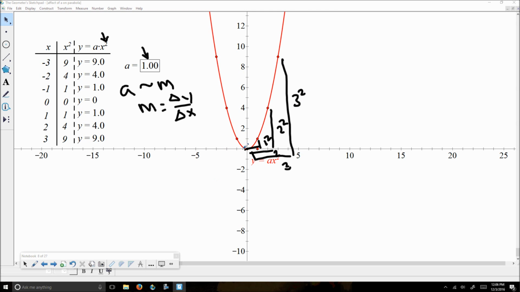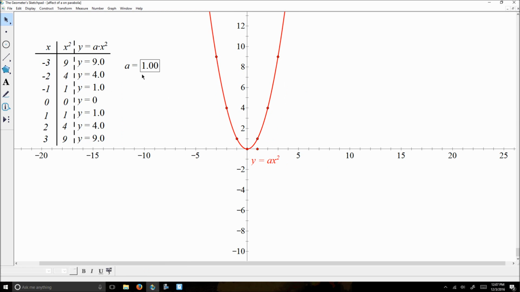The same happens when I go backwards. If I go backwards 2 in the x direction, I go up negative 2 squared, which is 4. So unlike a line, which goes over and up in equal amounts, a parabola goes up by the square of its corresponding change in x.